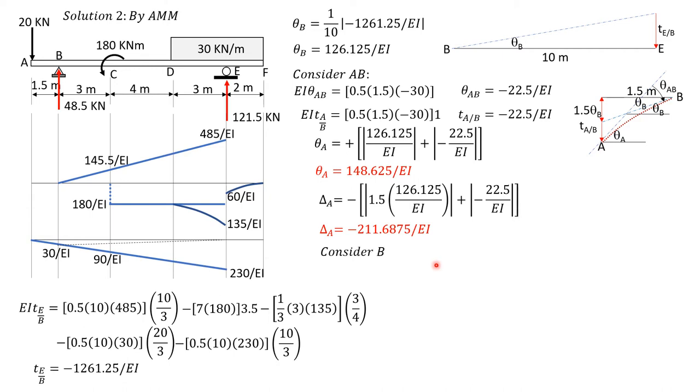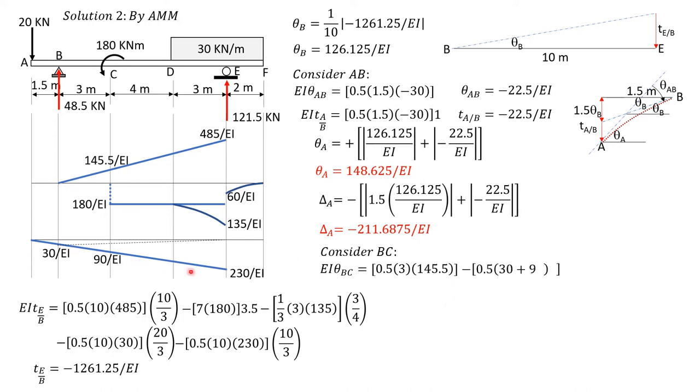Then let's consider BC, because we are also asked to compute theta C and delta C. So EI theta BC is the area of the diagram, so the quantity 0.5 of 3 times 145.5 plus, let's consider this as a trapezoid. Anyway, we're just computing area.